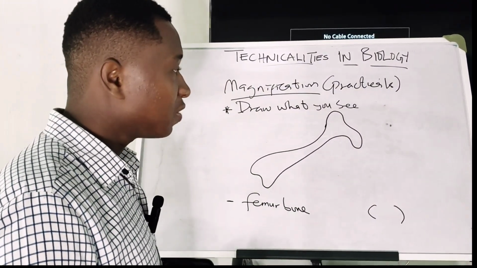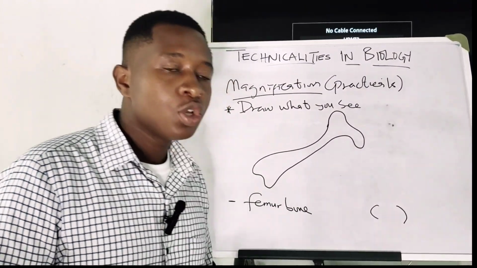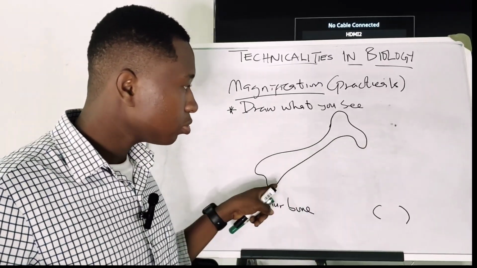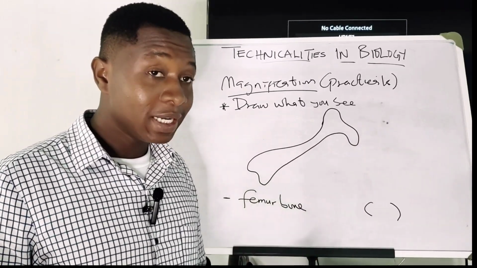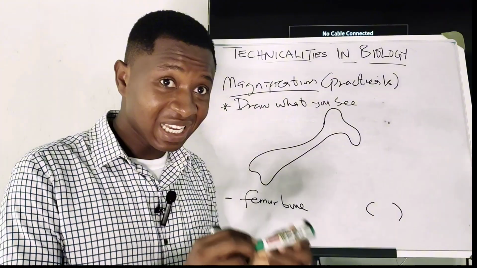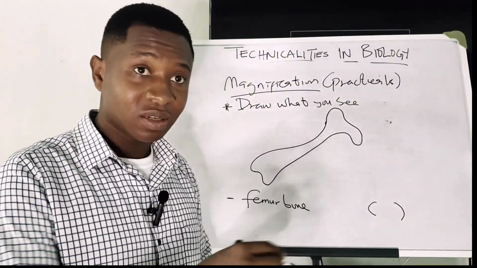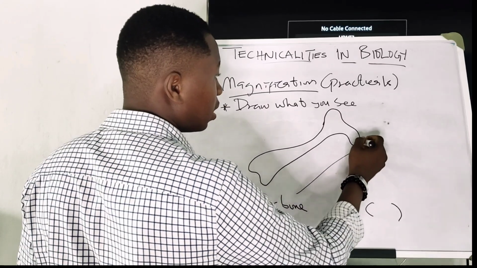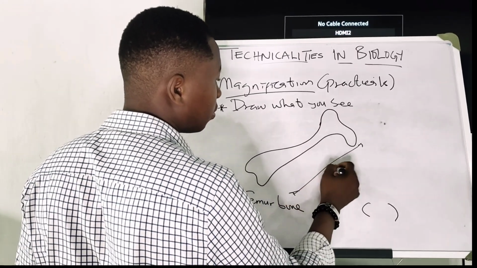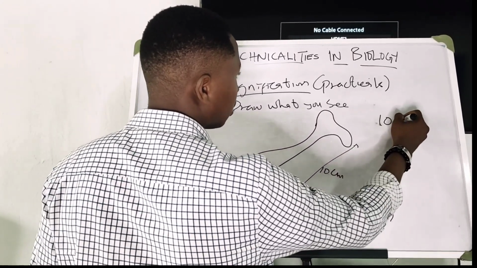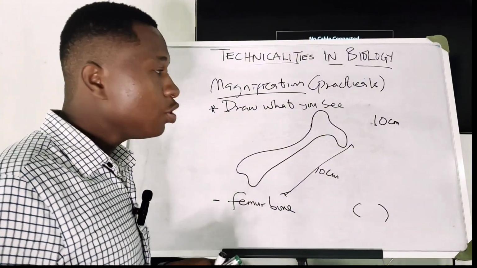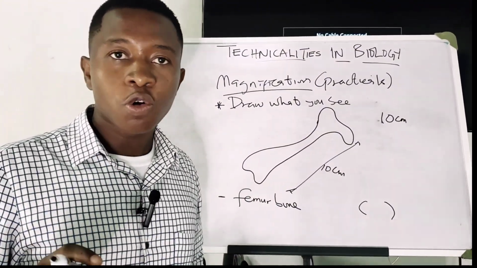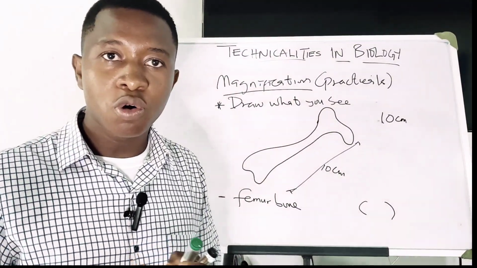Now, how do you calculate magnification? You measure the bone that you are seeing, the specimen bone. You measure it, you get it, and you put it. Let's assume the measurement from here to here is 10 cm. So you put it aside. Then you draw. When you draw, you have to measure the one in your book too.